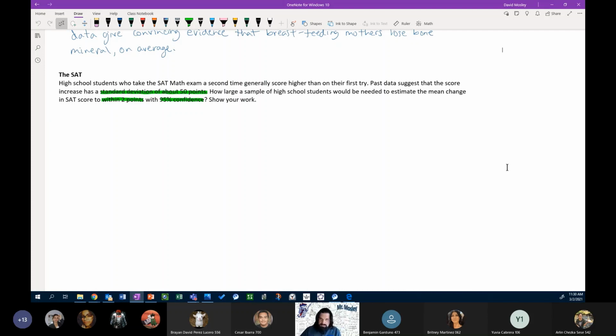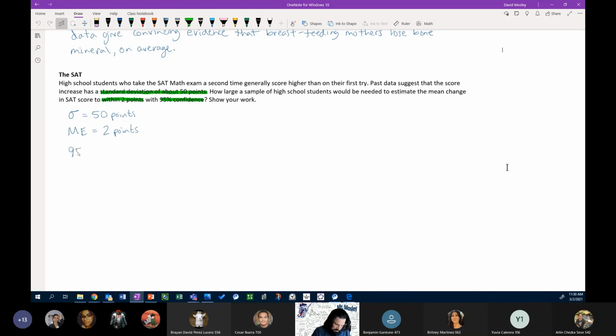All right, so this is choosing the sample size. And again, I'm just going to start by writing down what we know. We have a standard deviation to use. Right, sigma is 50 points. We have a margin of error that we're targeting, 2 points.